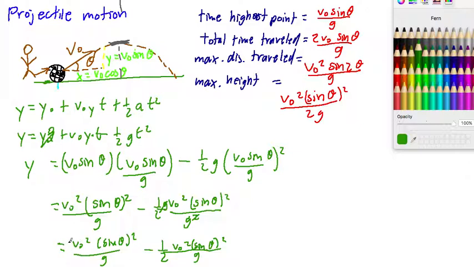So now to make the same common denominator, or if you just want to think about it as 1 minus 1/2 gives you 1/2, or if you want to do it the old-fashioned way, put a 2 and a 2, this ends up giving you 1/2 v naught squared sine theta squared all over g. And that is the same formula that we have right here.